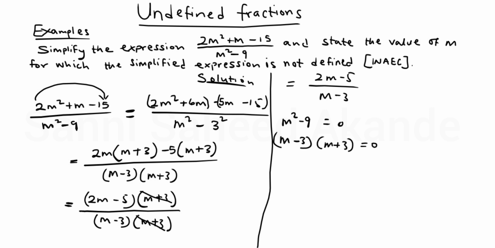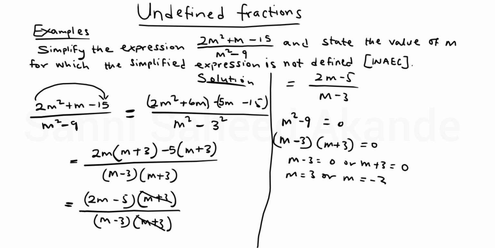So this is a simple quadratic equation. Then this means that either m minus 3 is equal to 0 or m plus 3 is equal to 0. So when you solve this further, m is equal to 3 or m is equal to minus 3.